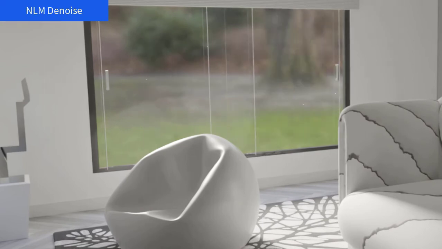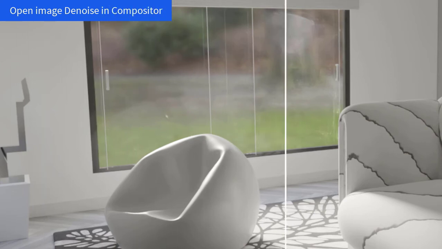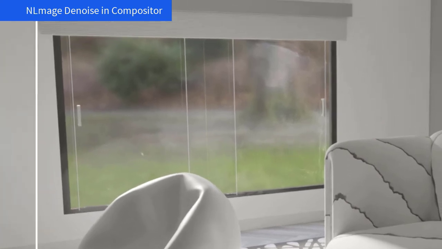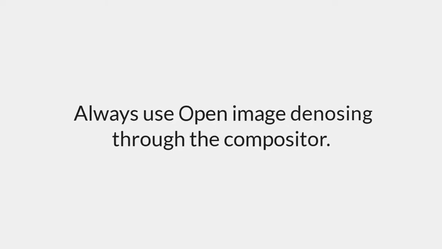Blender uses the OpenImage denoise after every single tile rendering for the render denoising. That's the reason for the tile marks tracing on the glasses. But we can avoid tile markings by using the OpenImage denoiser in the compositor. And you can see that this area of the glass is shining for no reason. For this type of scene, we always recommend using the OpenImage denoiser through the compositor.